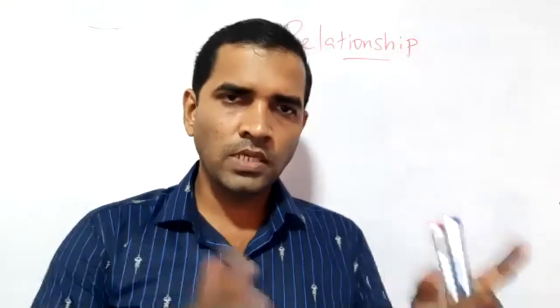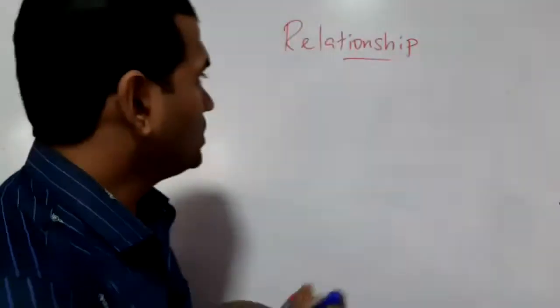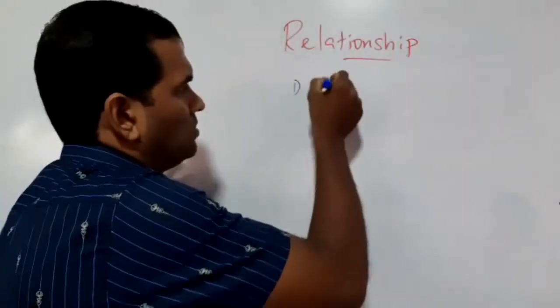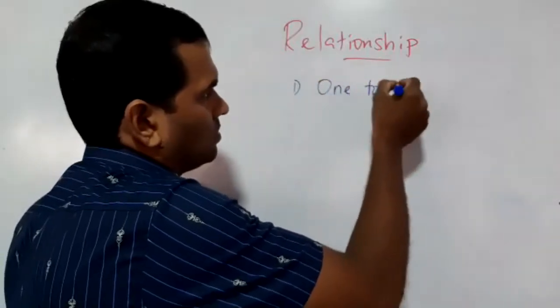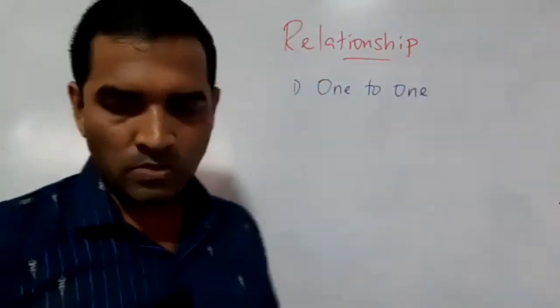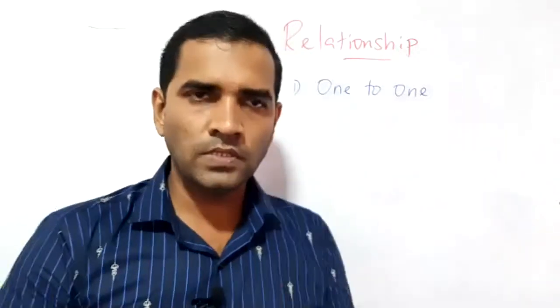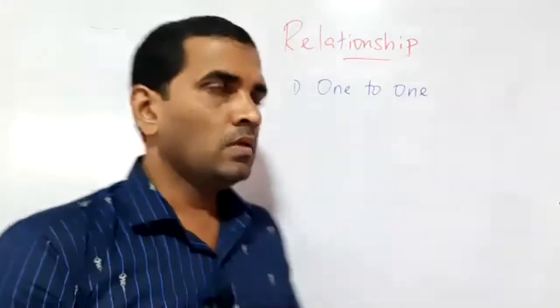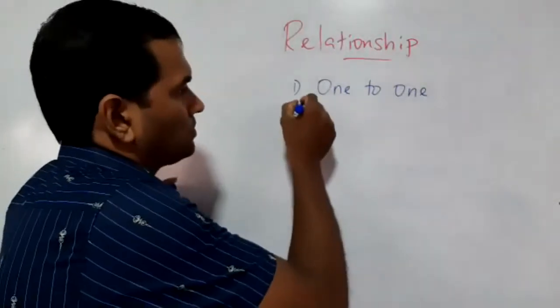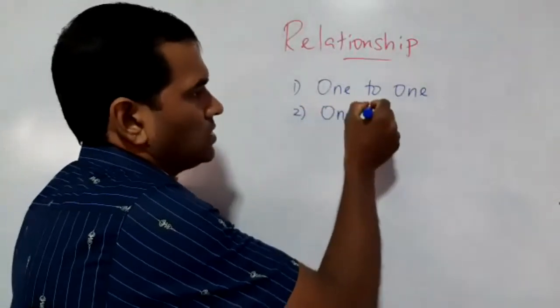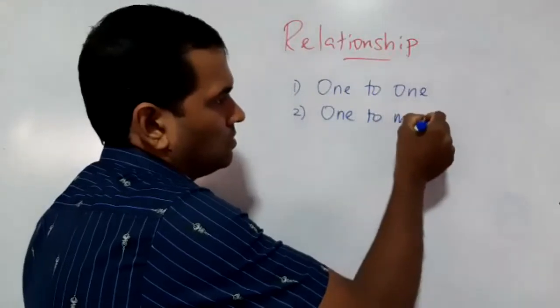Okay, I will explain. But before that, there can be three different types of relationships between tables. Let me name them first. The first type is called one-to-one relationship. Then we have one-to-many relationship.